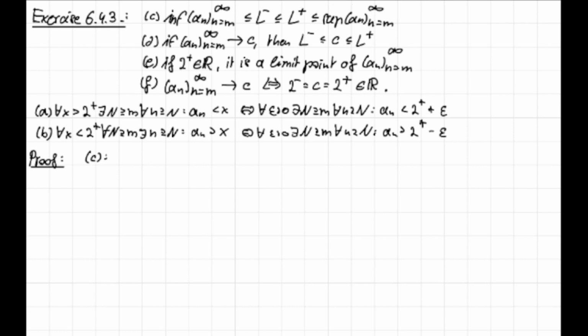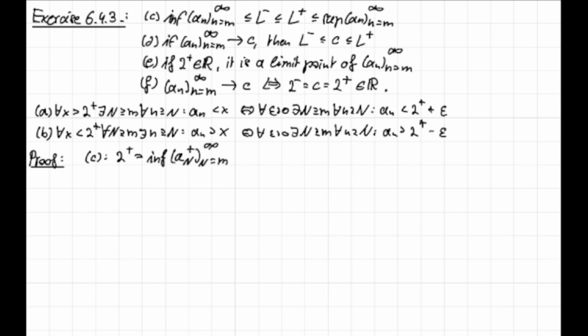So we want to prove that L plus is smaller or equal than the supremum of the sequence a_n starting at m. And for that we are just going to write down the definition of L plus. L plus is just the infimum of the sequence a_n plus starting at m going to infinity.